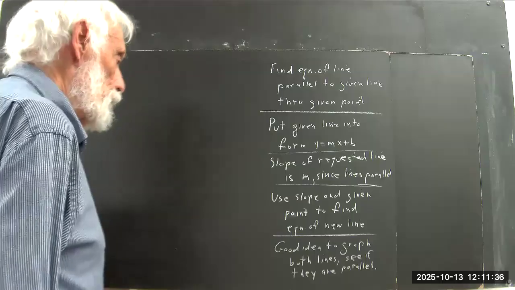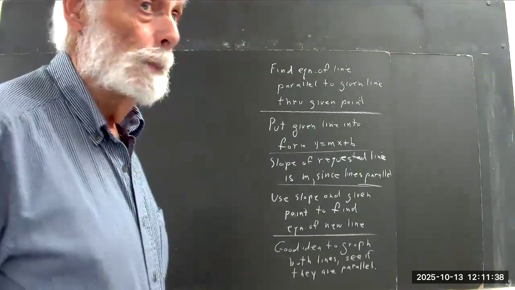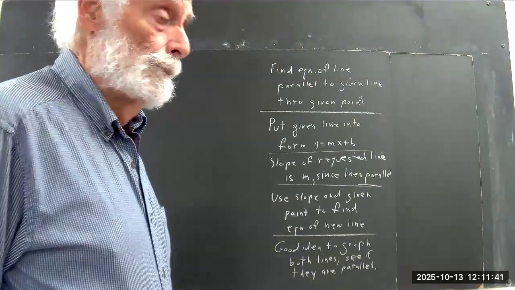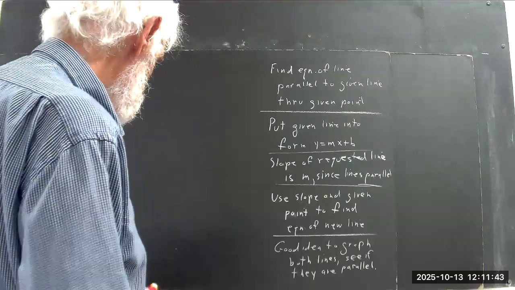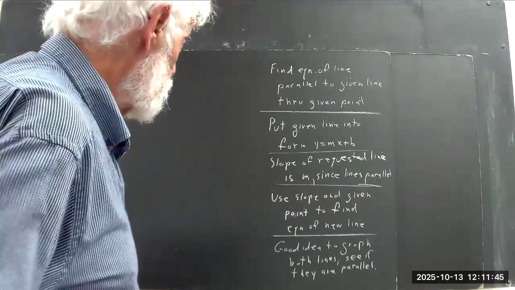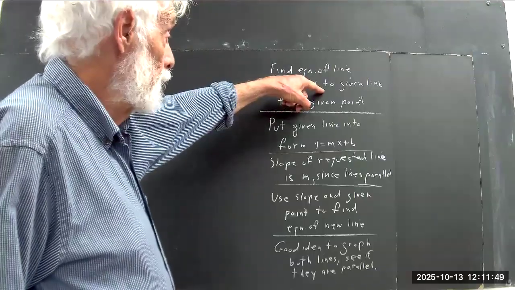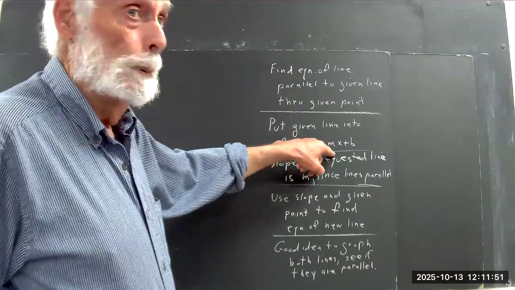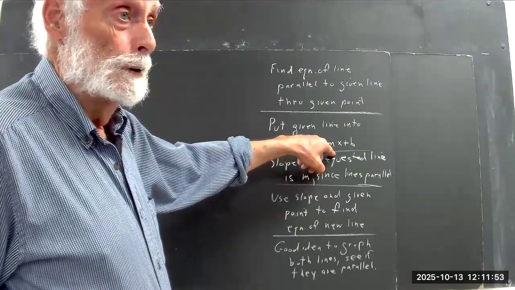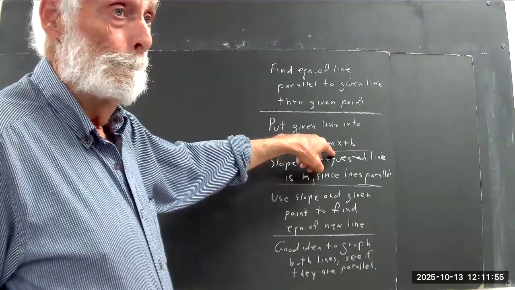It's a good idea to graph both lines, see if they're parallel. Now, the synopsis of that is very simple. If you're given a line, you can find its slope. In whatever form you're given, you just solve for y.